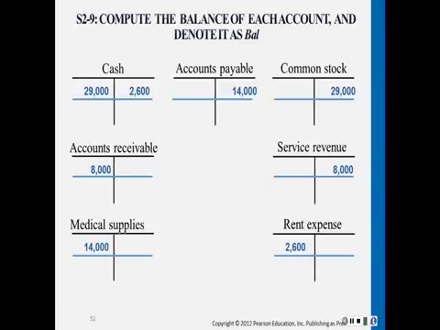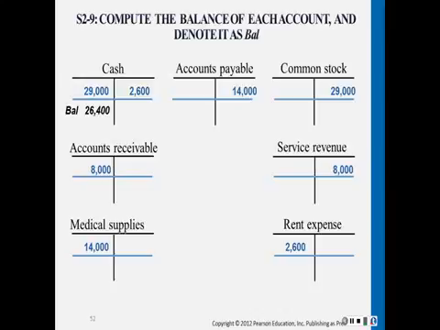Now we need to find the balance of each account, and we need to denote it as balance, or just an abbreviated BAL, indicating that's the balance of the account. Cash has a balance of $26,400. We simply use the rules of debits and credits. The $29,000 is a plus, the $2,600 is a minus.